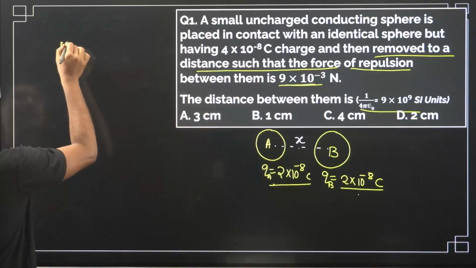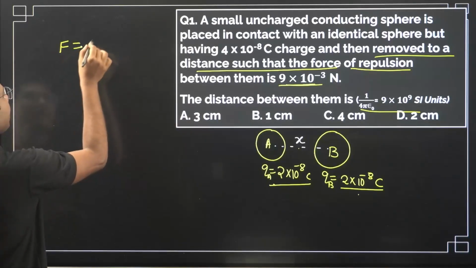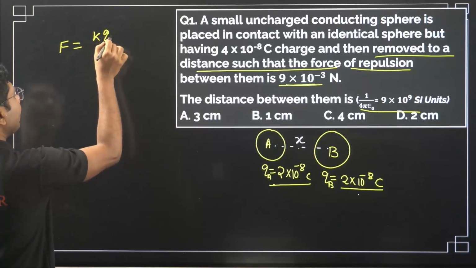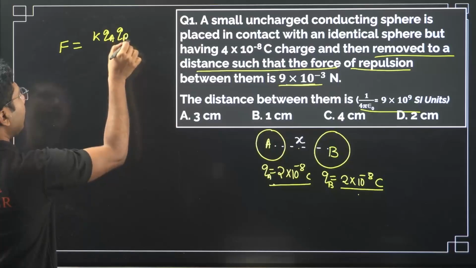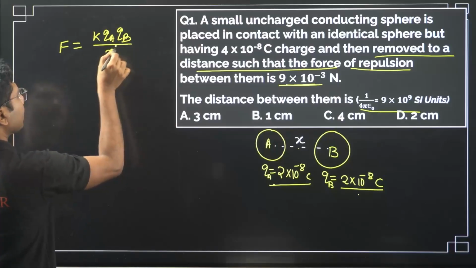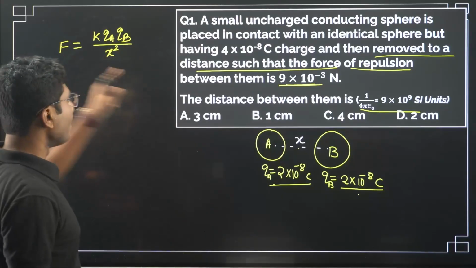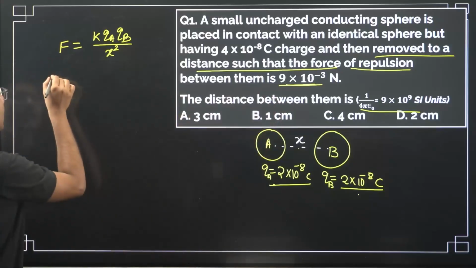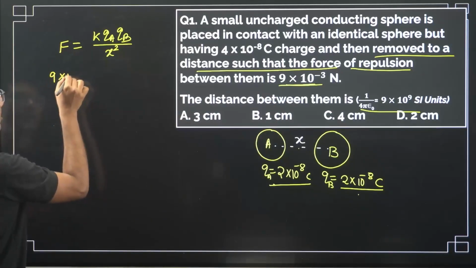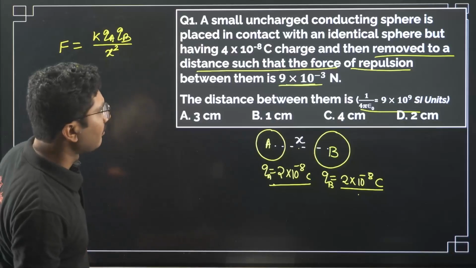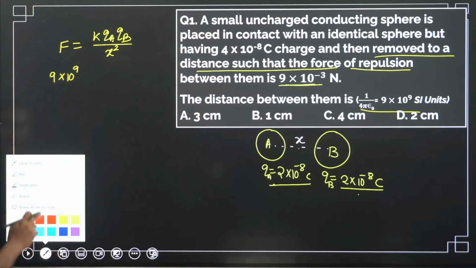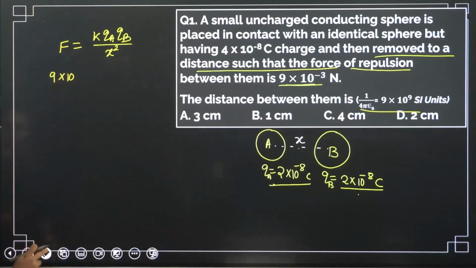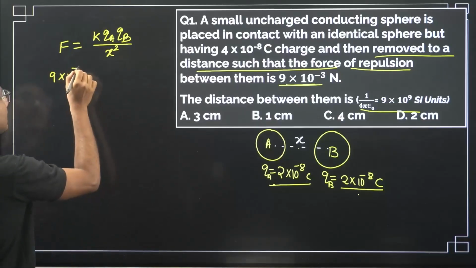Force is given by K QA QB by x square. This force is given, 9 into 10 to the power of minus 3 Newton.